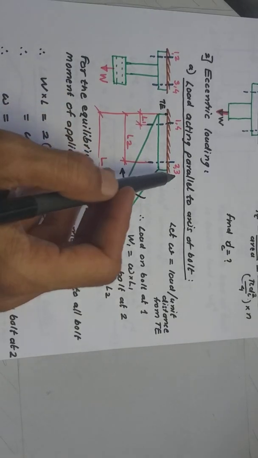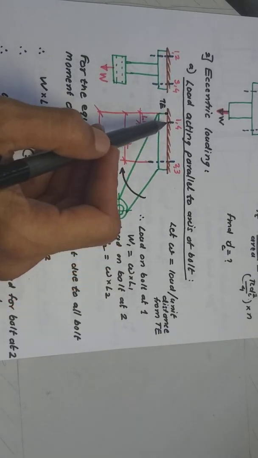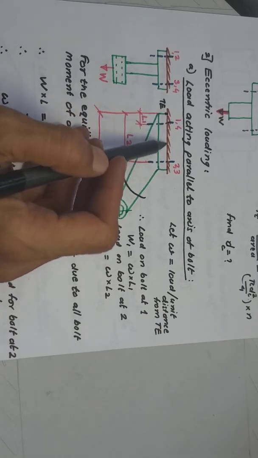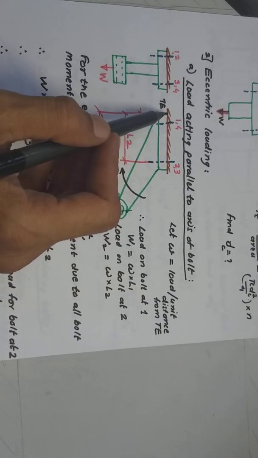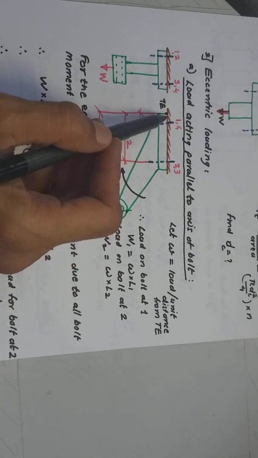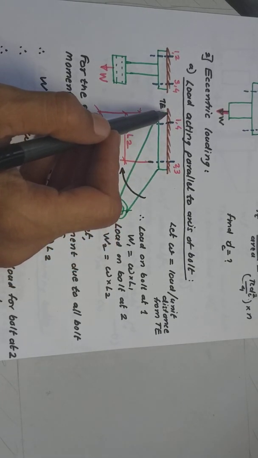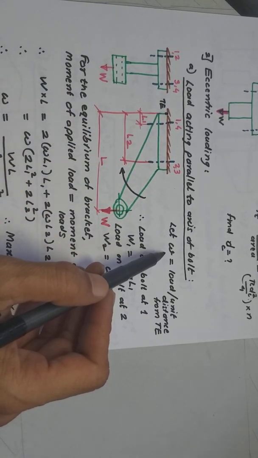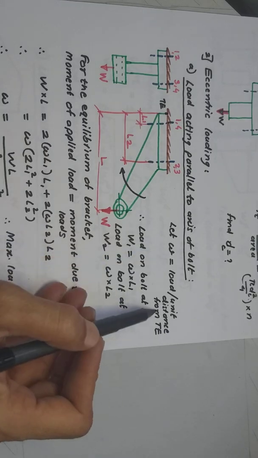So this bolt will be stretched more, this bolt will be stretched less, and as a result the stress developed in the bolts also will be proportional to the distance. So the force and the stress developed in the bolt will be proportional to the distance of the bolt from the tilting edge.